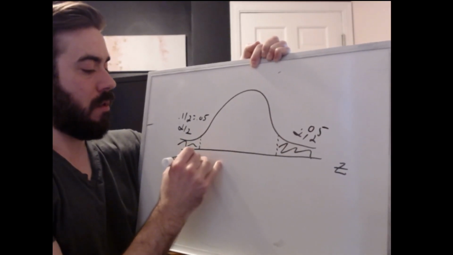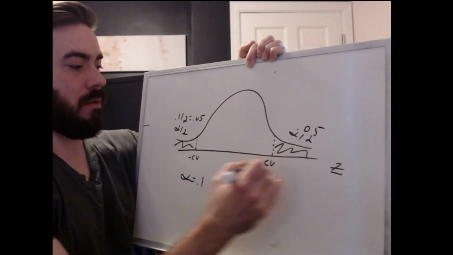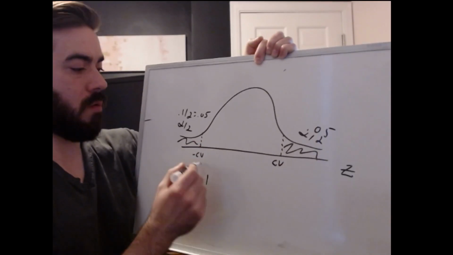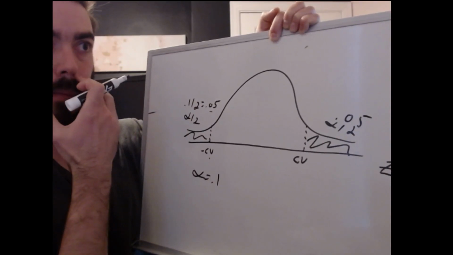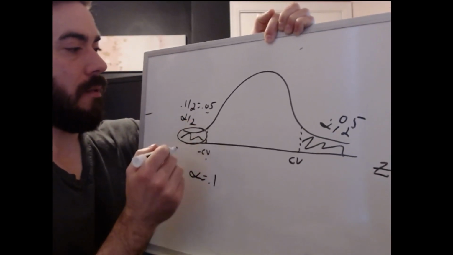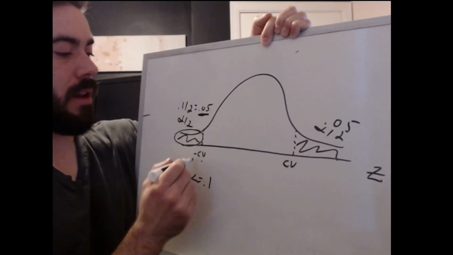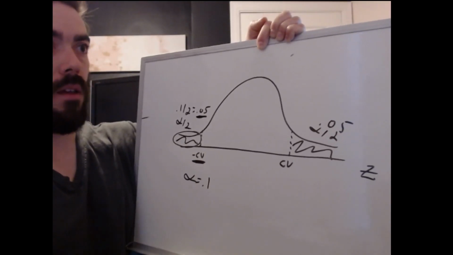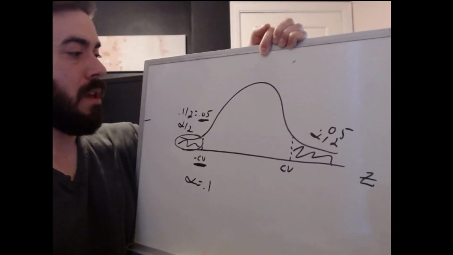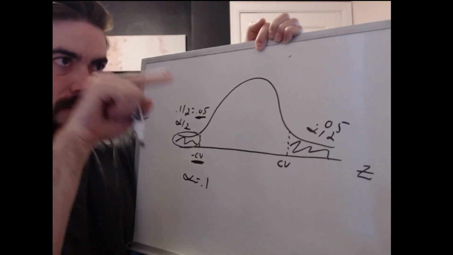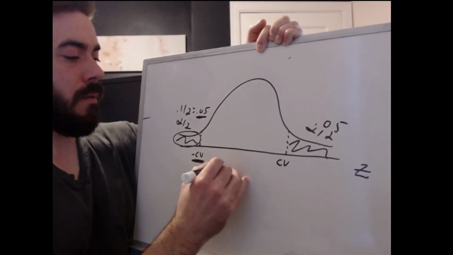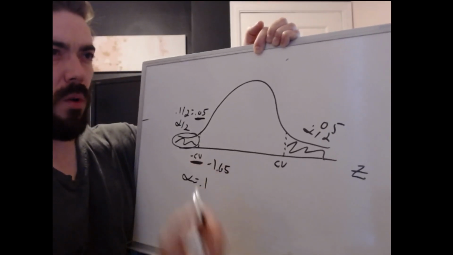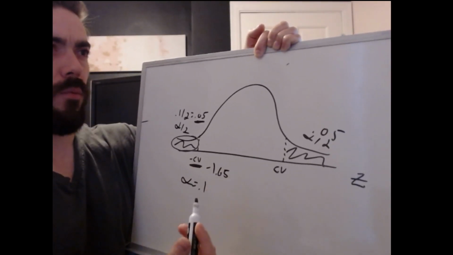So what value or values here, one will be negative, one will be positive, would give me 0.05 in that tail? Well, if I know the area that I want in the tail, I can just look that up and I could find what this value would be from my standard normal distribution. So I go in the middle of that table, I find the one that's close to 0.05, and it's in between negative 1.64 and negative 1.65.